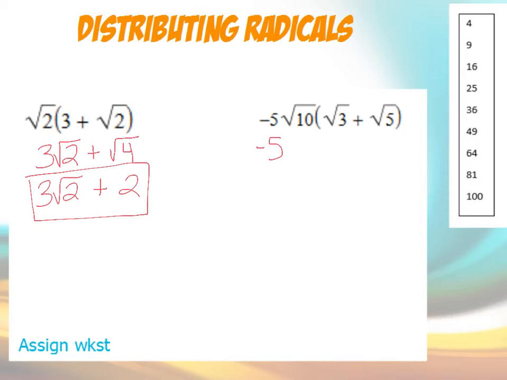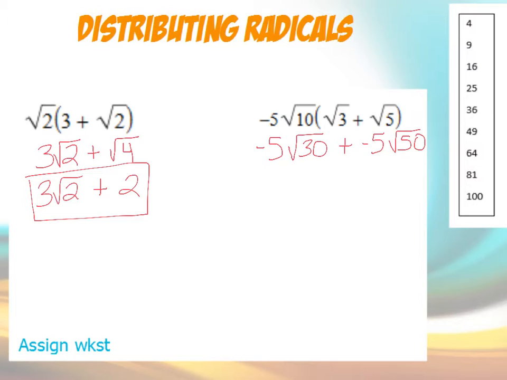Then I will take the square root of 10 times the square root of 3 and get a square root of 30. Next, I'll want to take this and distribute it to the second term. Again, I'll have a negative 5 out in front, and it's going to be a square root of 50.